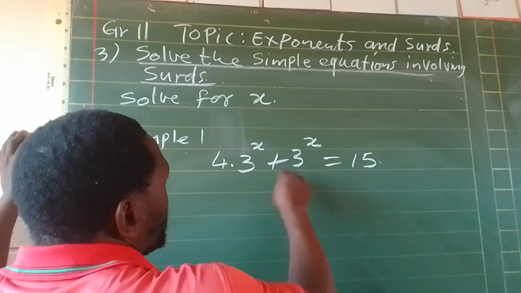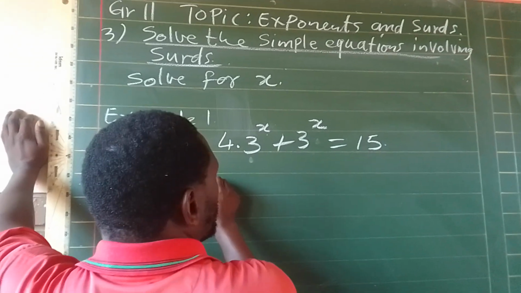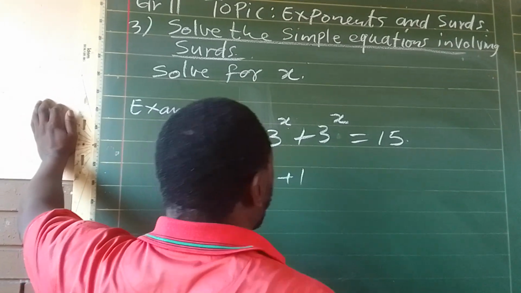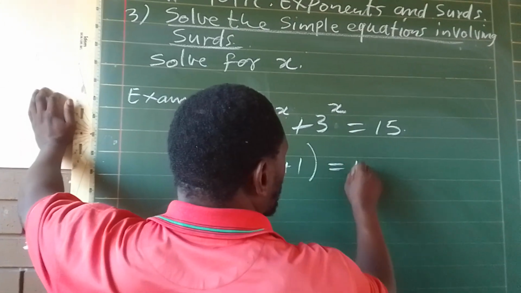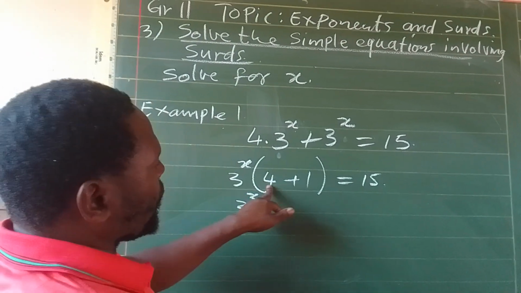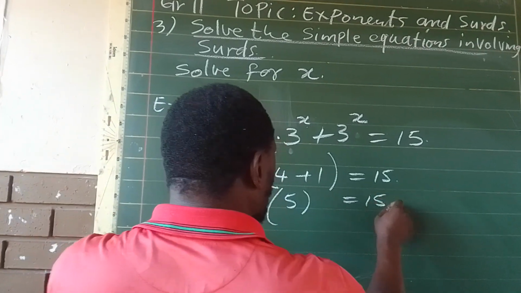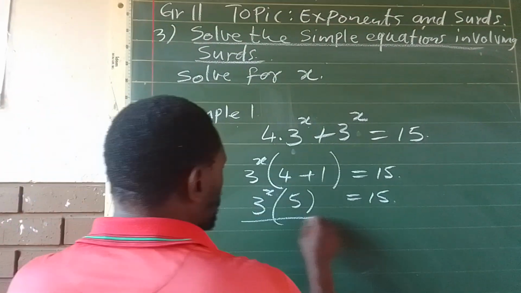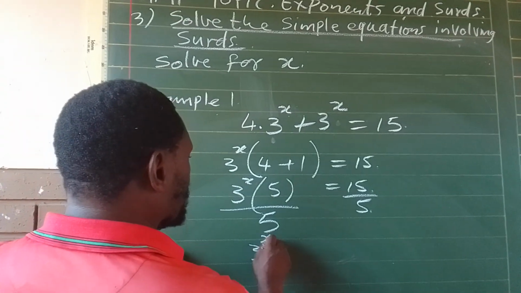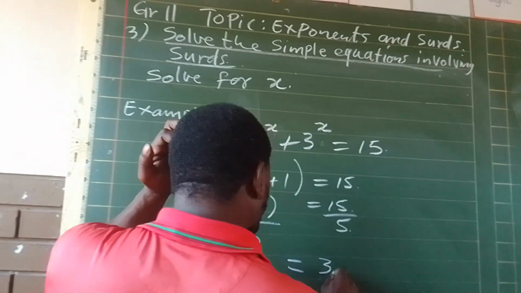Alright, we are going to take out the common factor here. We have 3 to the power x as a common factor, times 4 plus 1, equals 15. Then it's 3 to the power x multiplied by 5 equals 15. We divide both sides by 5, and we are left with 3 to the power x is equals to 3.